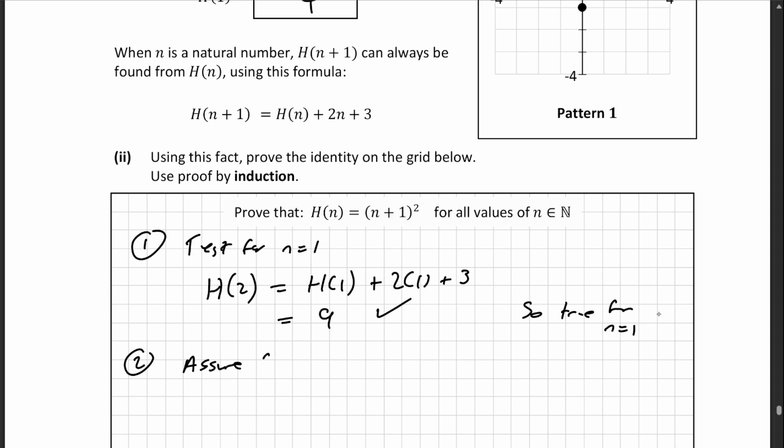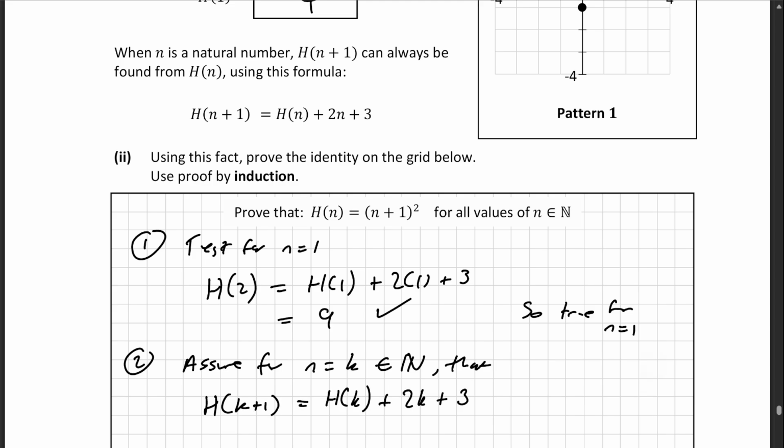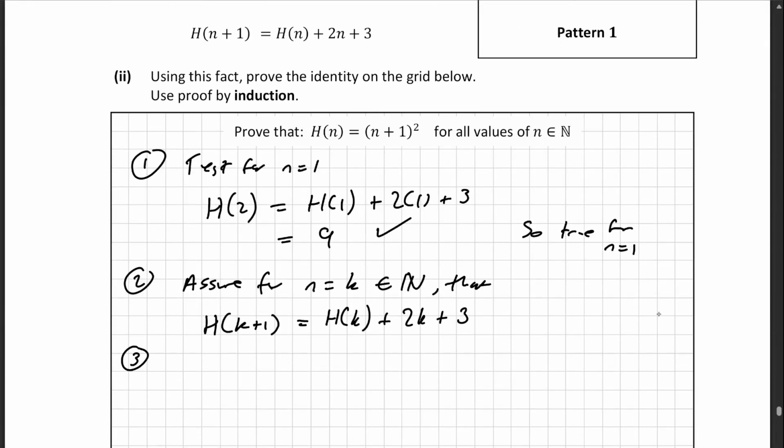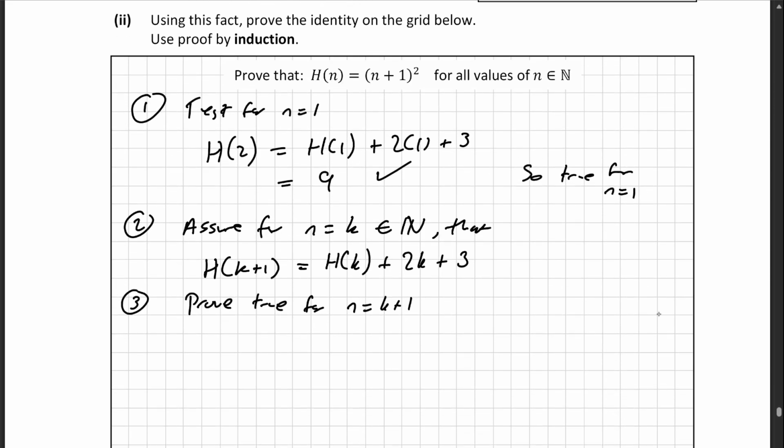Next, assume for n equals k in the integers that h of k plus 1 equals hk plus 2k plus 3. Let's see. Prove true for n equals k plus 1. So now we're going to test h of k plus 1 plus 1, which is k plus 2, equals h of k plus 1 plus 2 lots of k plus 1 plus 3.